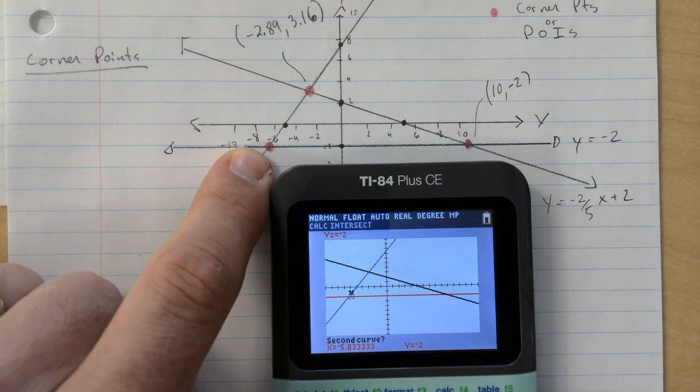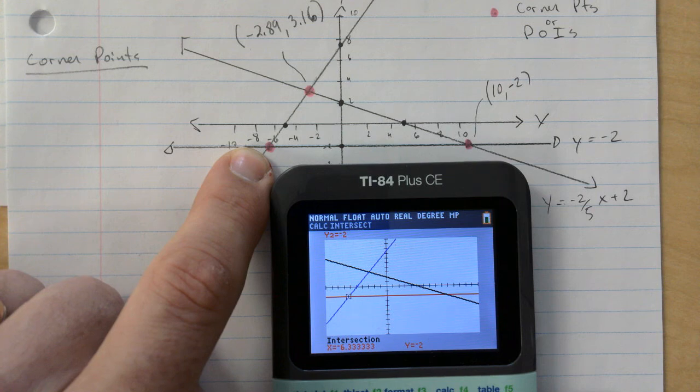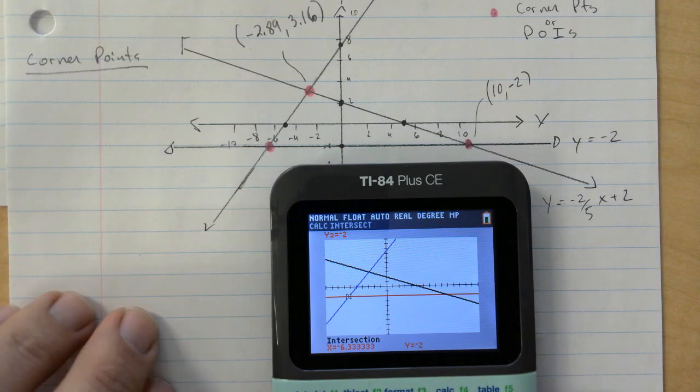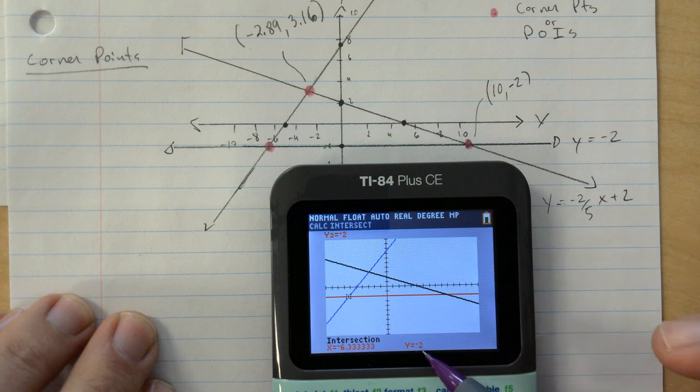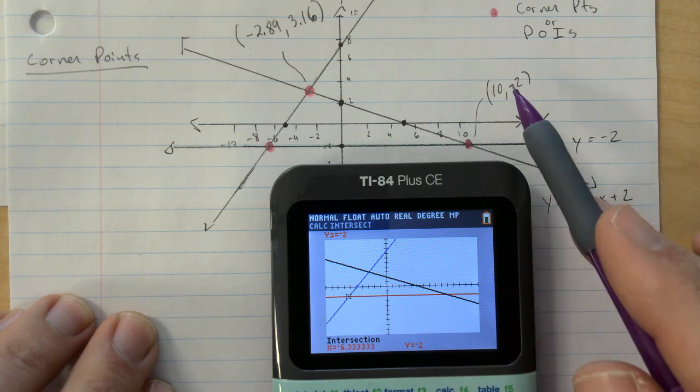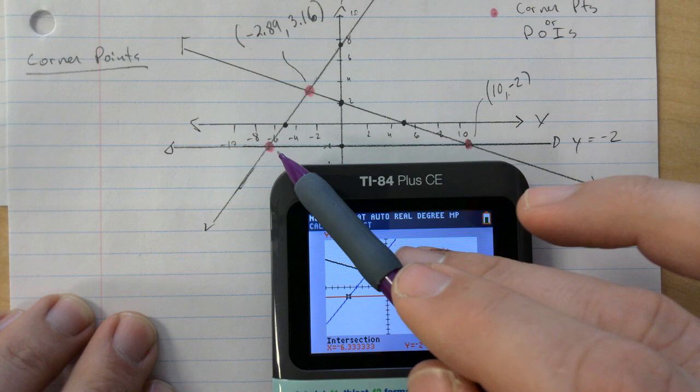That's good. Hit enter, enter, and it's negative 6.33, negative 2. The negative 2 should not be a surprise, right? We expected both of these to have a negative 2 as my y value. I hope that makes sense.